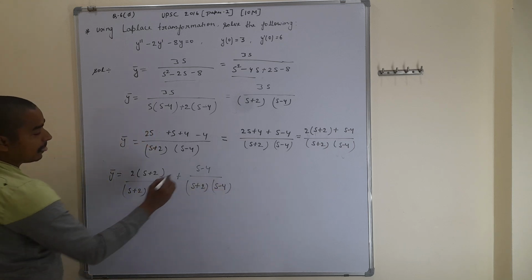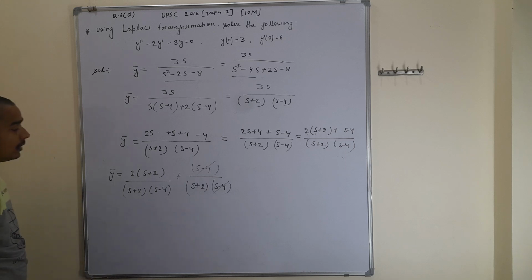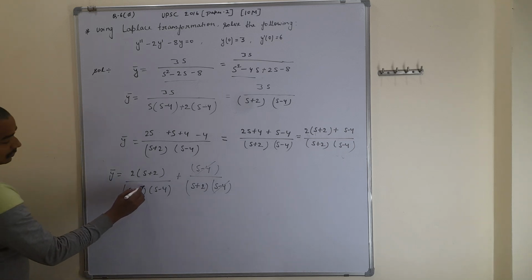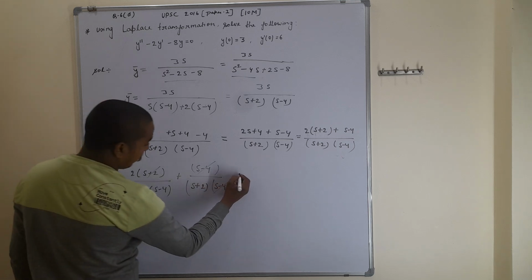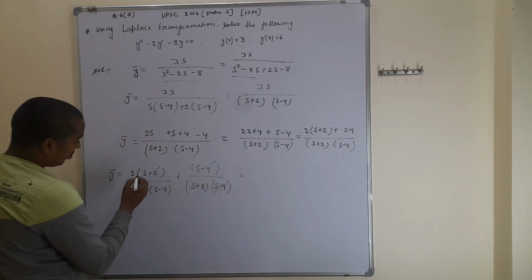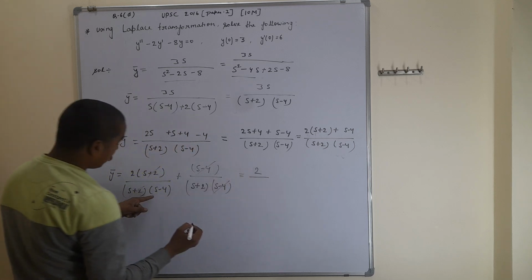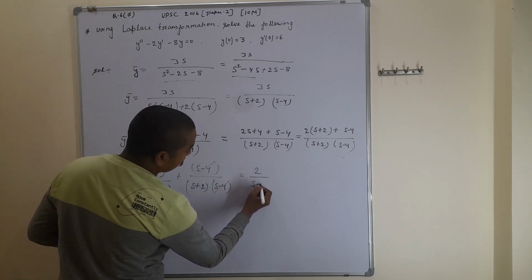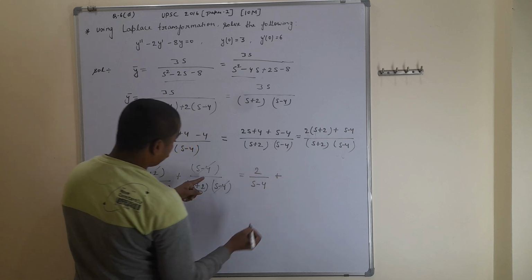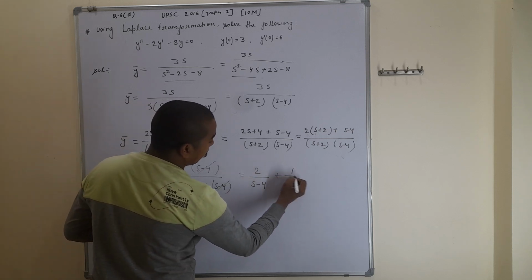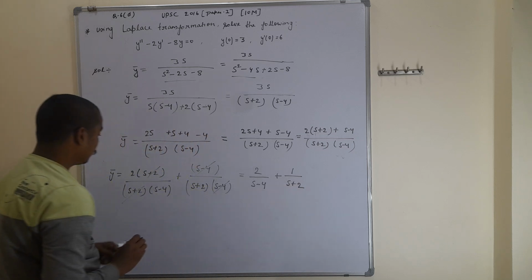From here s minus 4 cancels with s minus 4, and s plus 2 cancels with s plus 2. The remaining is 2 upon s minus 4 plus 1 upon s plus 2.